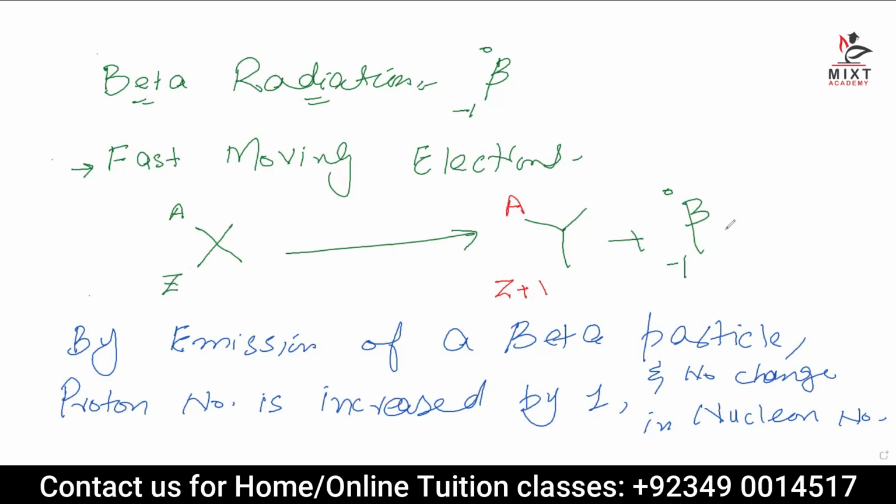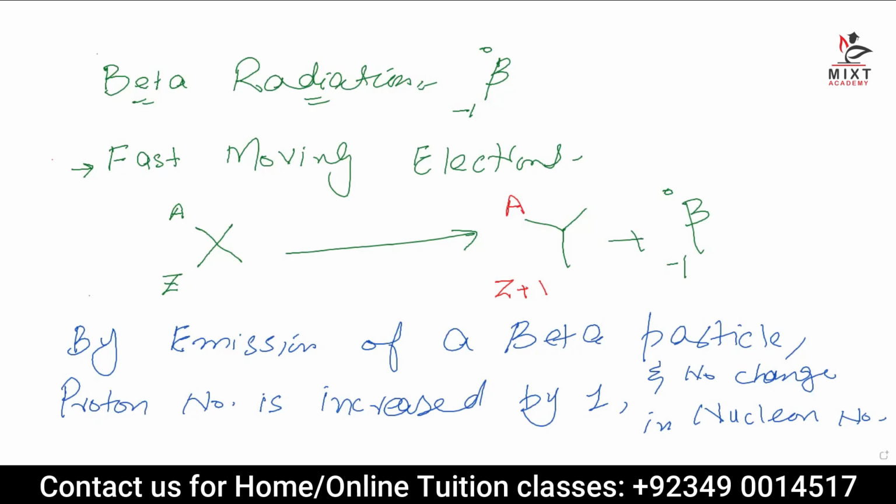So by the emission of one beta particle, basically a fast moving electron, the proton number is increased by 1 and nucleon number remains unchanged. So in this process, proton number remains conserved and nucleon number remains conserved. Similarly, mass and energy are conserved.